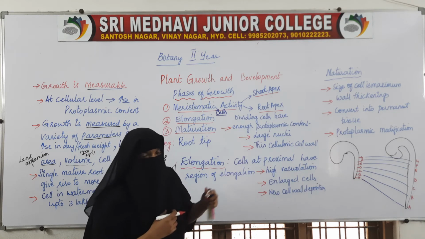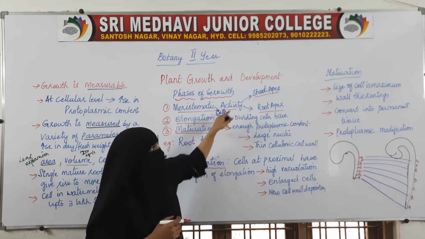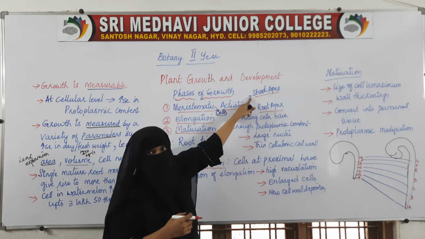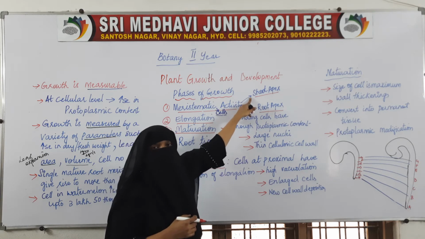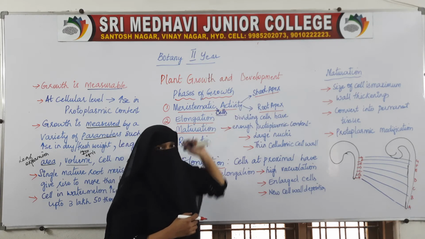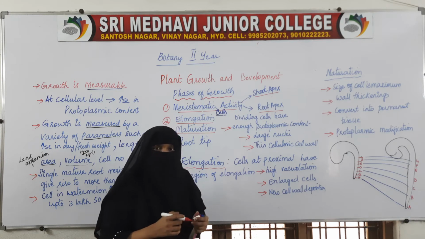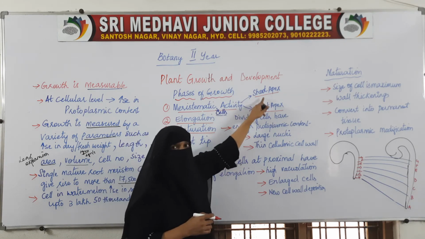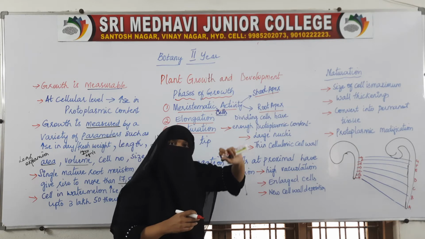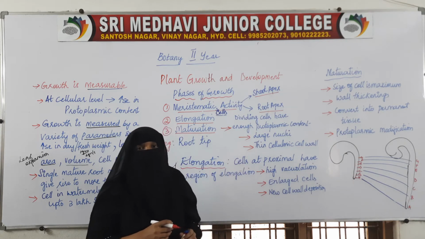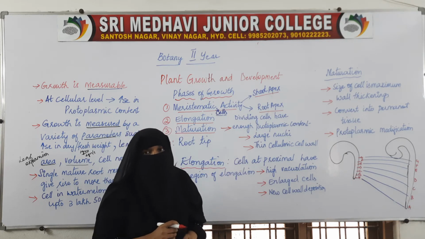The meristematic cells present at the tips of roots and shoots are called apical meristems. They continuously divide and produce a new number of cells.